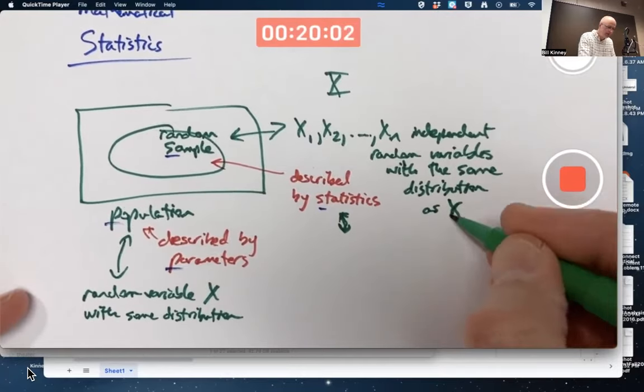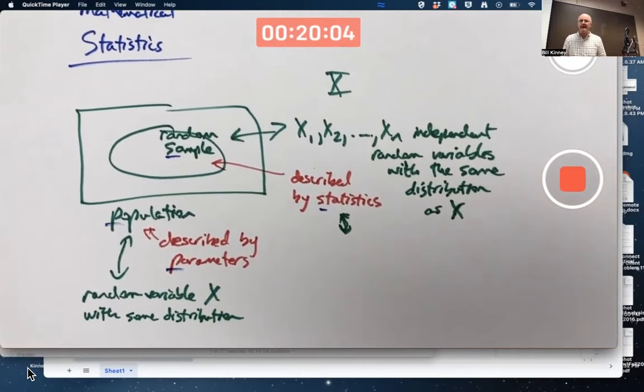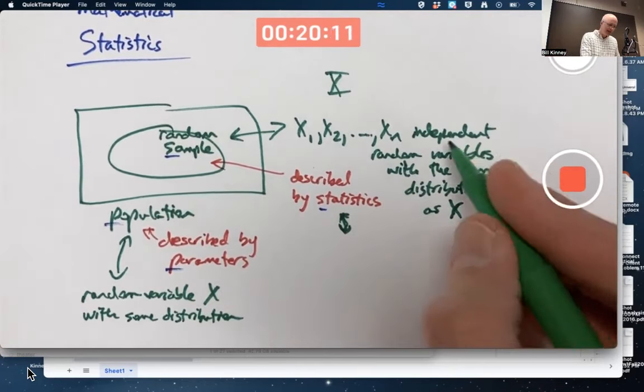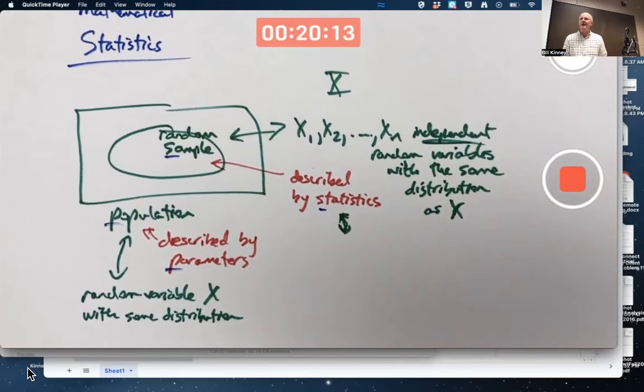It's an assumption for the sake of doing some theory. The theory has applications. Independence: the observed value of x1 doesn't help us predict the observed value of x2 or the observed value of x3, intuitively.